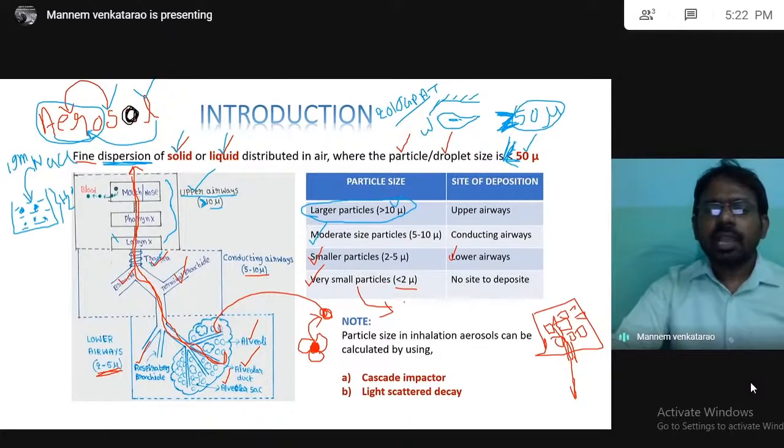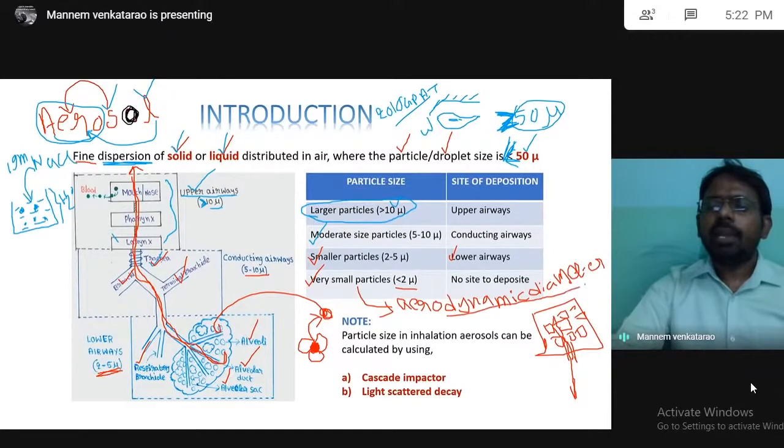That's why this type of particle is commonly pronounced in aerosol technology by the aerodynamic diameter. What is the meaning of aerodynamic diameter? It is the particle size which is always associated with the air.